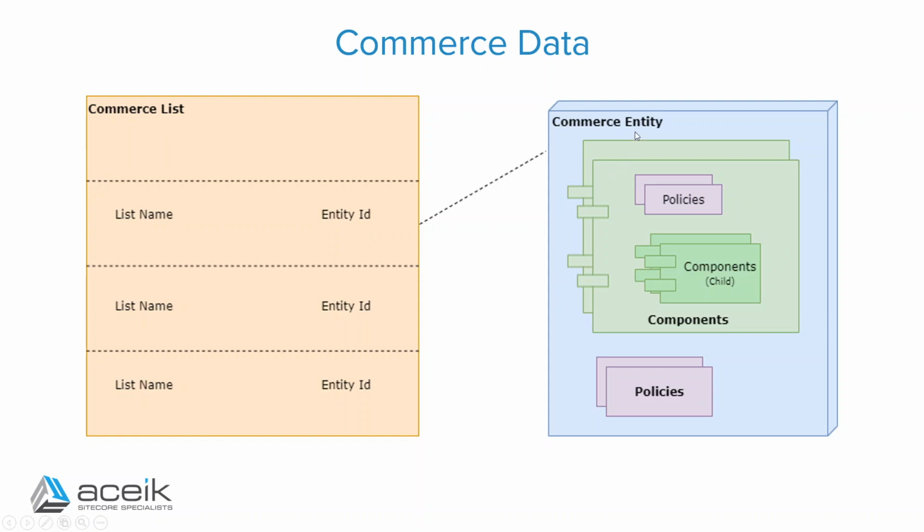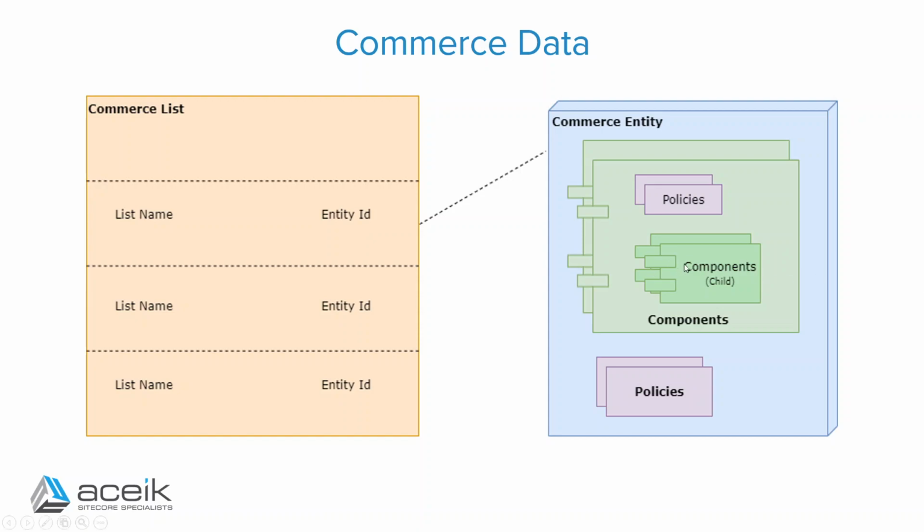And if you look at this commerce entity, that's the main object that stores an entity. It could be a catalog, it could be a sellable item, or it could be a promotion or promotion book, price card. It could be any of those entities. And then you have policies. Policies are mainly used for configuration. So if you think about configuration files in Sitecore, in the Commerce world, they're policies.